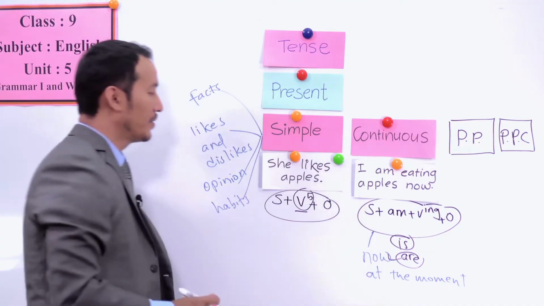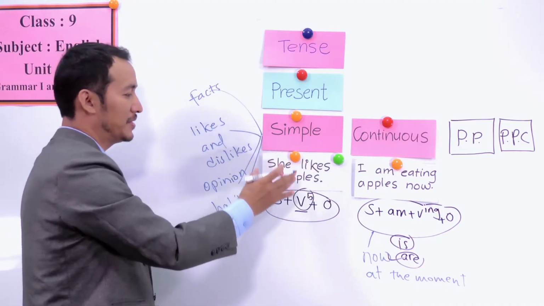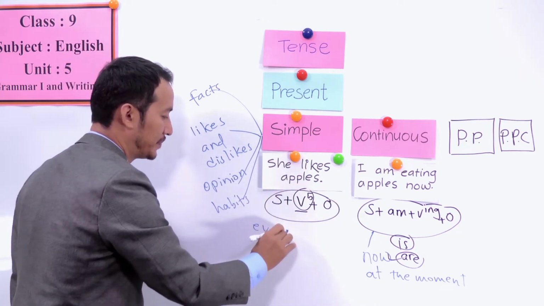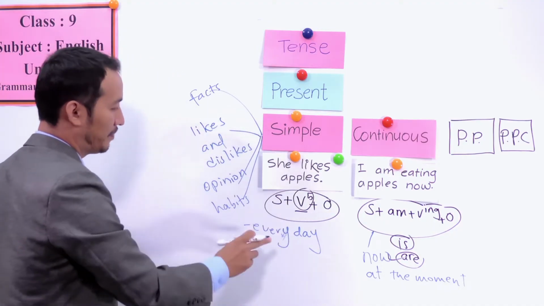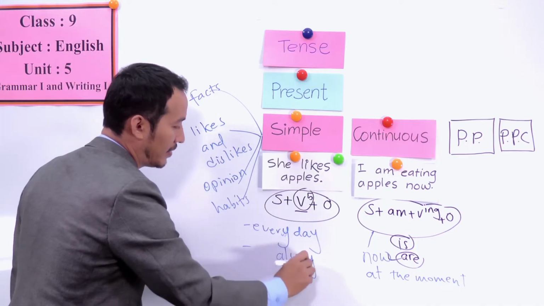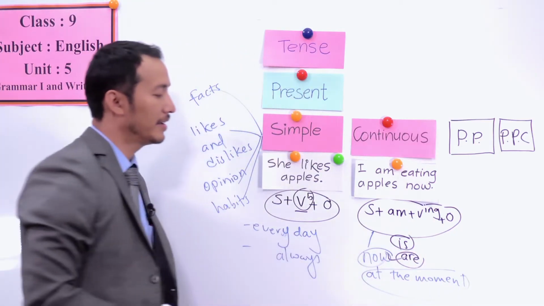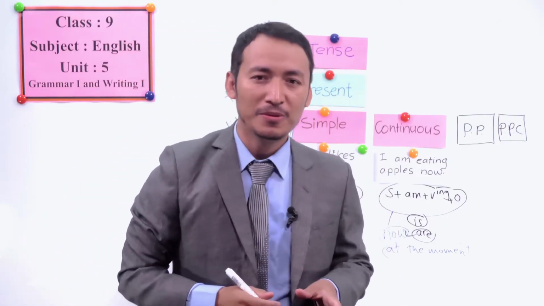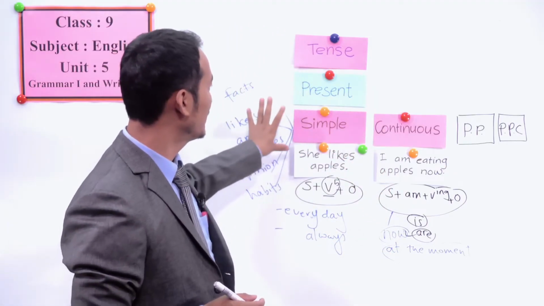So we have time adverbs like every day, or you can say always or regularly. Here we have now, at the moment. That tells about something happening now. Okay, students? This is continuous and this is simple present tense here.